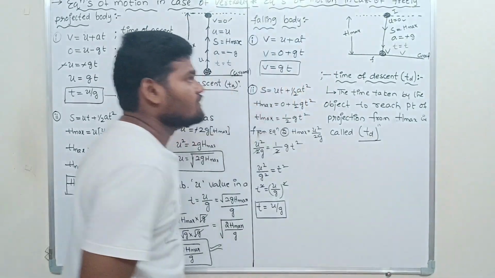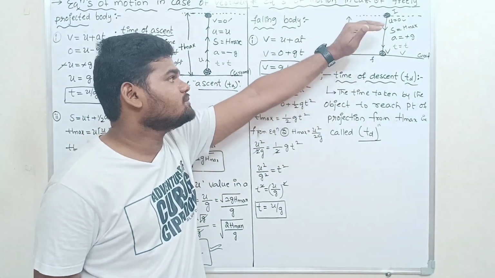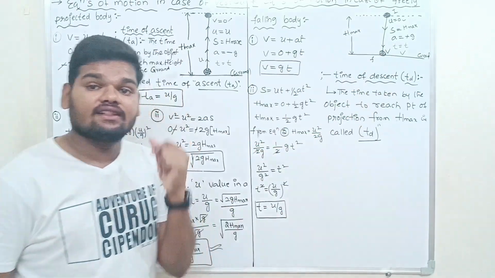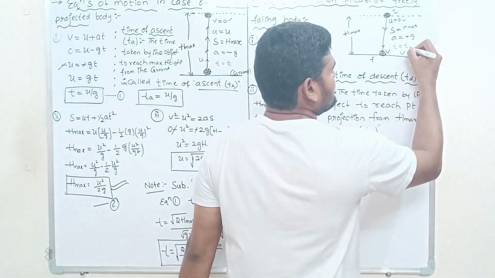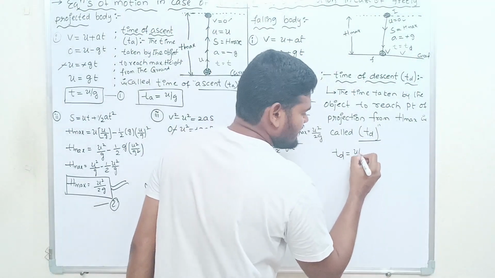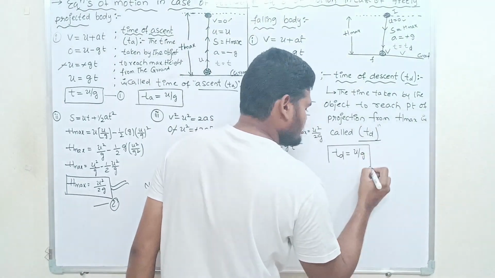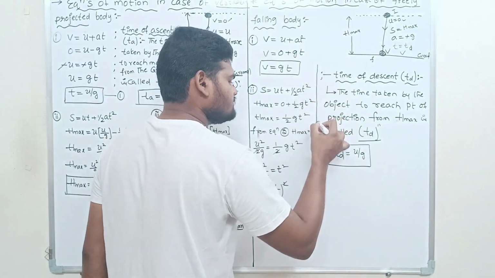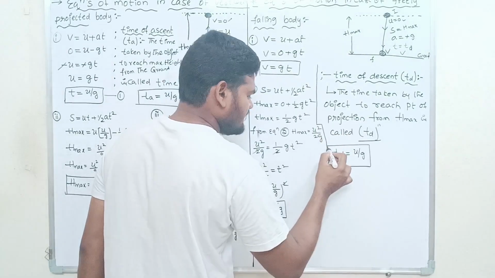That time is called what? Time of descent. Now time of descent is equal to u by g. Are you getting any doubts? So write the notes carefully.